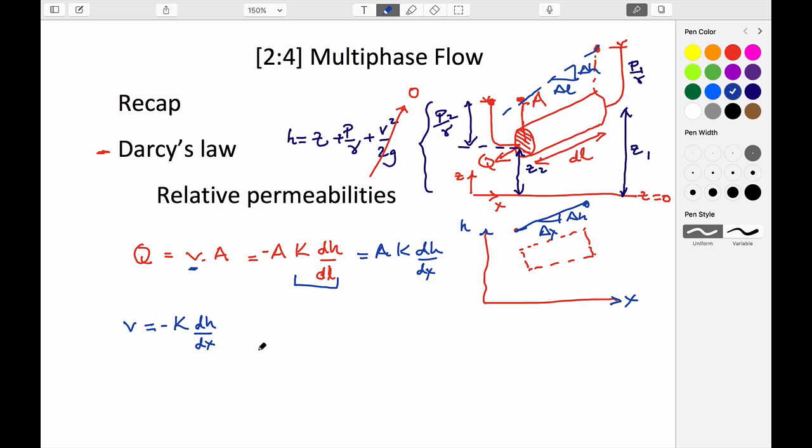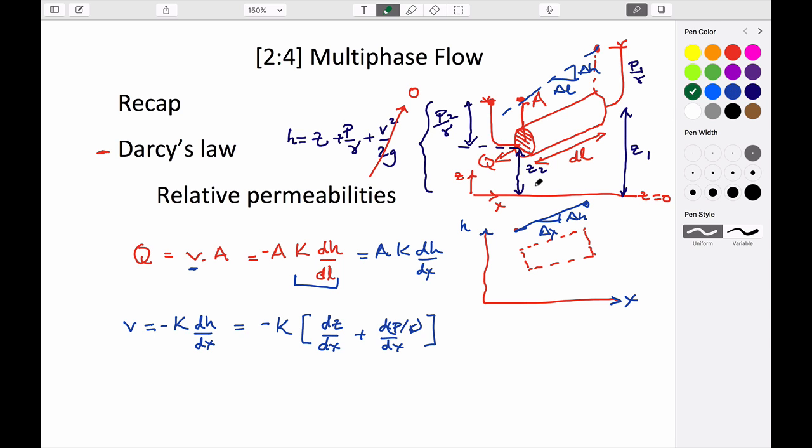And what we could do is realize that the gradient has two parts to it. It has this hydraulic conductivity, K, but it's multiplied by a change in elevation with X and a change in pressure divided by unit weight divided by X. So these two gradients add to each other.